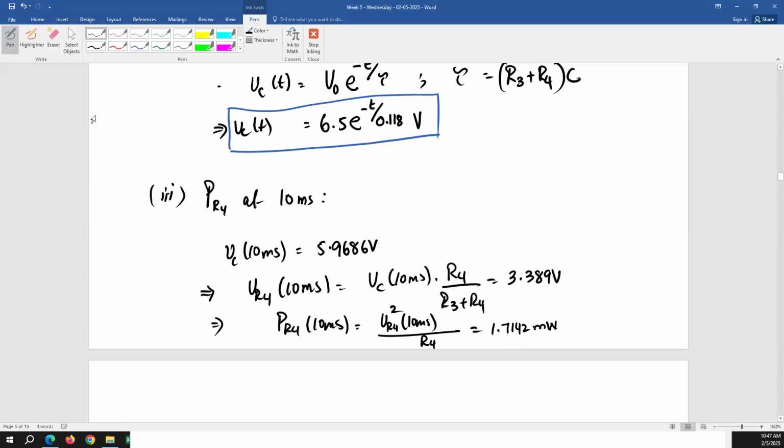And again, you don't have to do 4 significant figures, just 2 should be good enough. 1.71 milliwatt should be good enough.